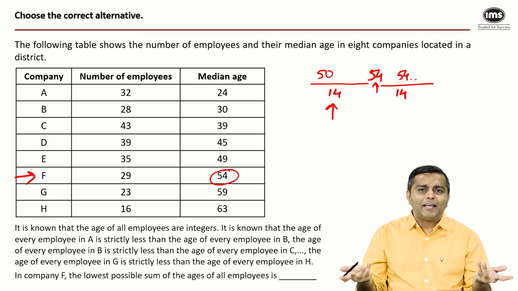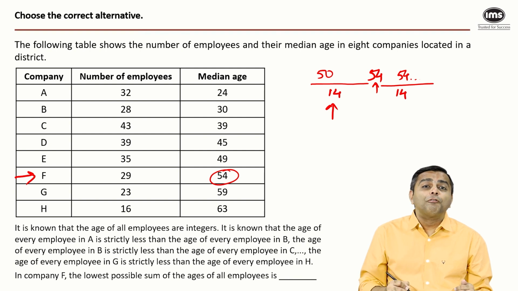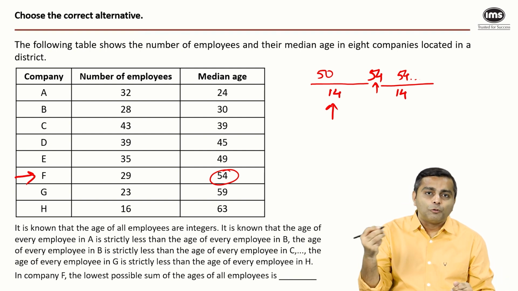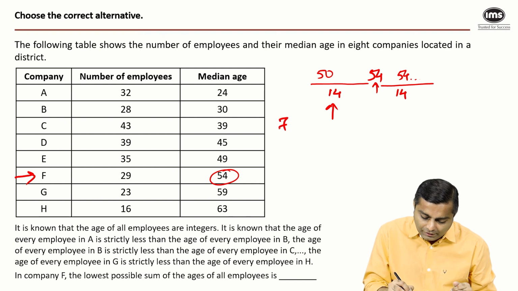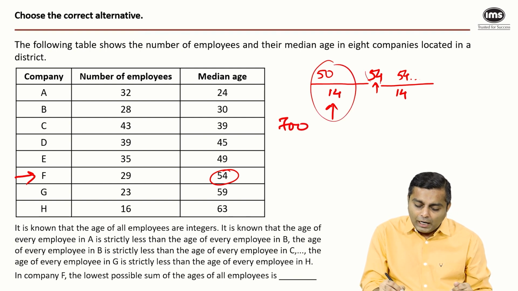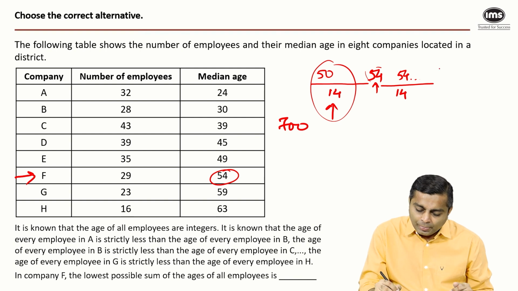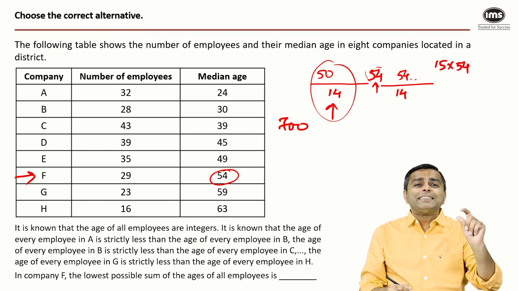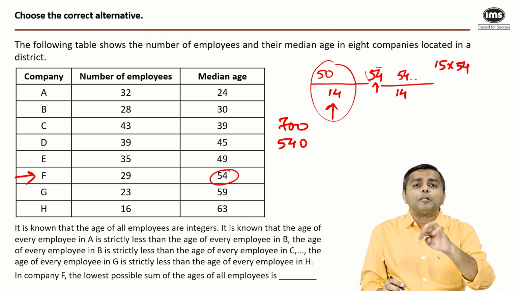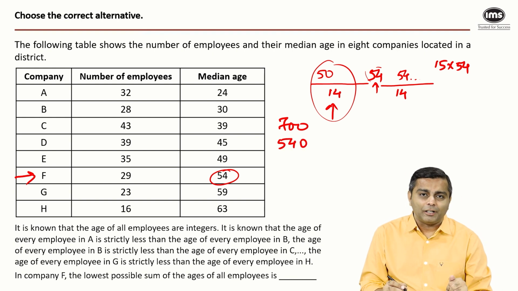Just let's multiply and get to the total. So 14 into 50 is 14 into 100's half. So 14 into 100 is 1400 and half is 700. So 700 is basically the total of this group. Then we have 14 into 54 and a 54, so effectively 15 into 54. I would think of it as 10 into 54, 540, and 5 into 54, which is nothing but half of 540.